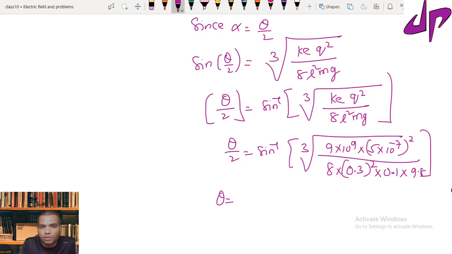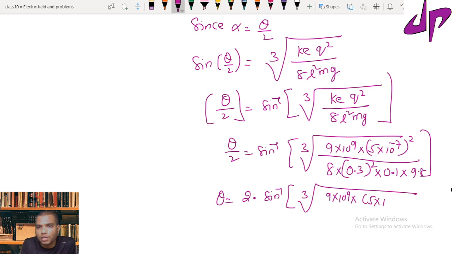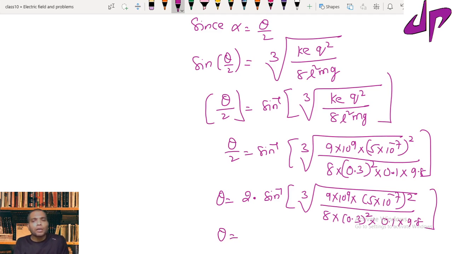So therefore theta equal to 2 times sin inverse of cube root of 9 times 10 power 9 times 5 times 10 power minus 7 whole square upon 8 times 0.3 square times 0.1 times 9.8. If you do it using a calculator, the theta value we get is 16.916 degrees.